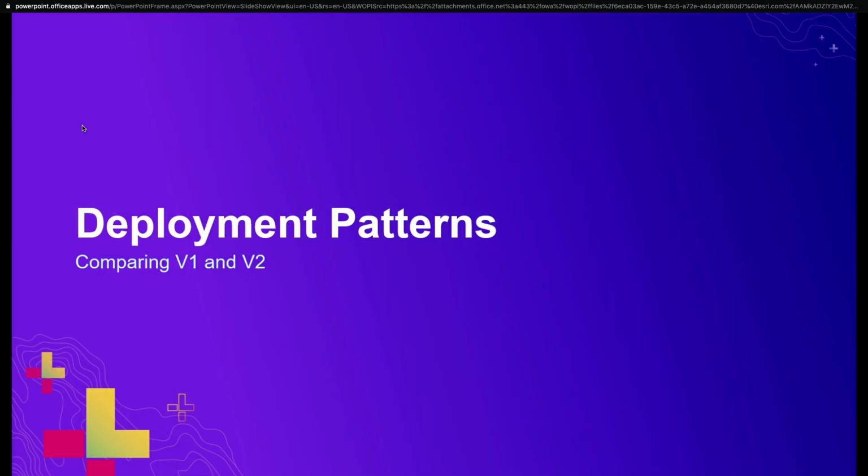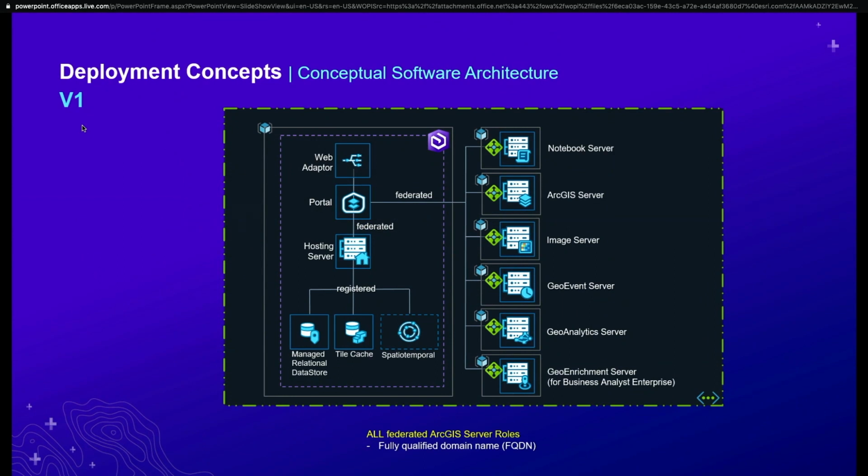Now, coming back to the change at 10.8 with the deployment architecture and deployment patterns. Before we jump into that, let's take a quick high-level look at the system architecture. In version 1, this was the conceptual software architecture, where at the center of it all was the base deployment, with the web adapter, the portal, the hosting server, and the data stores. This box comprised one deployment of your base.